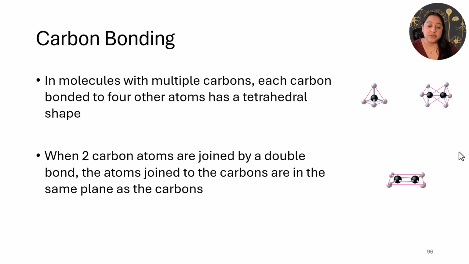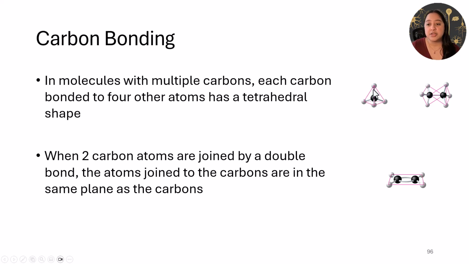So in molecules that have multiple carbons, each carbon bonded to 4 other atoms has what's called a tetrahedron. So in these figures, the black sphere is a carbon. And I'm pretty sure these are hydrogens, just as an example of something that carbon can bond to.